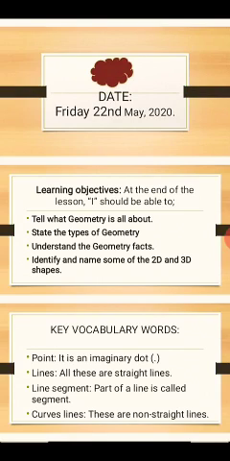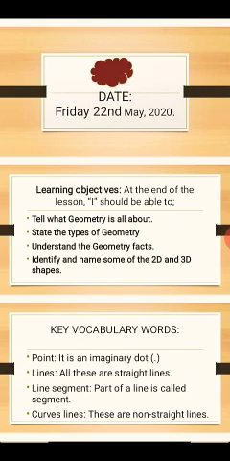The third was some of the geometry facts, and the last thing we looked at that day was to identify and name some of the two-dimensional and three-dimensional shapes. We also looked at some of the key vocabulary words, which I told you are the things we need to look at so that the learning will be smooth for us.